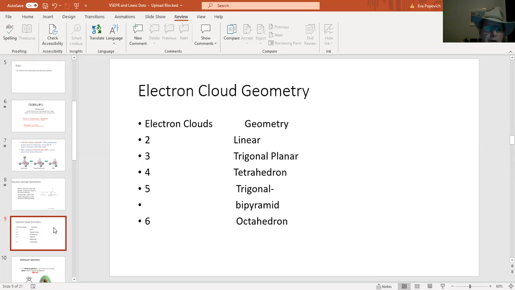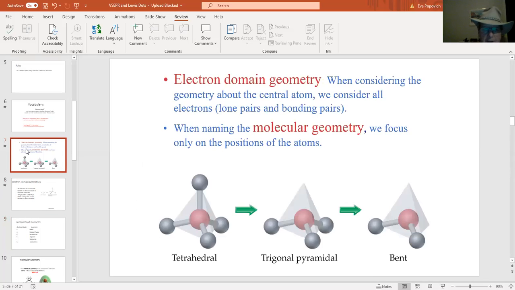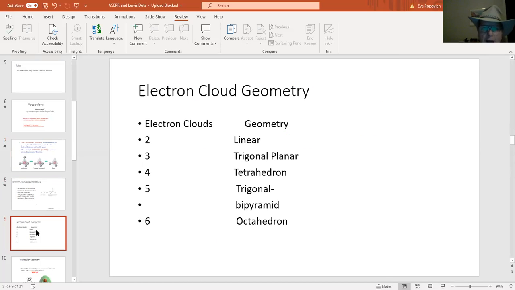That shape is called a tetrahedron, and it looks like that. 5 things around, you have trigonal bipyramid. I will get into that shape later. Same thing, 6 things around the center atom, you have an octahedron. We're only dealing with up to 6. There are no 7 or greater.